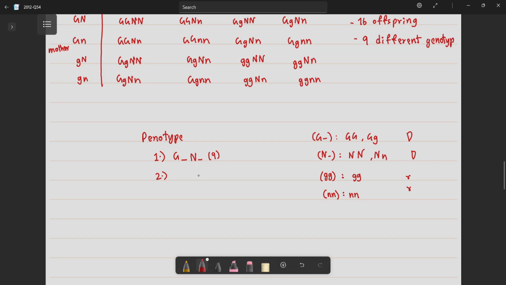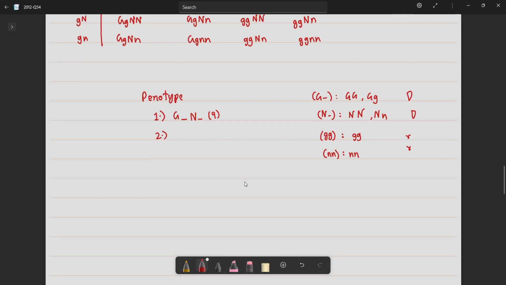You will find nine of these genotypes of this phenotype trait if you look for the genotype that has dominant G and dominant N, so they're dominant for two genes. The other one is just one dominant and the other is the recessive gene. You will find three of these if you count.